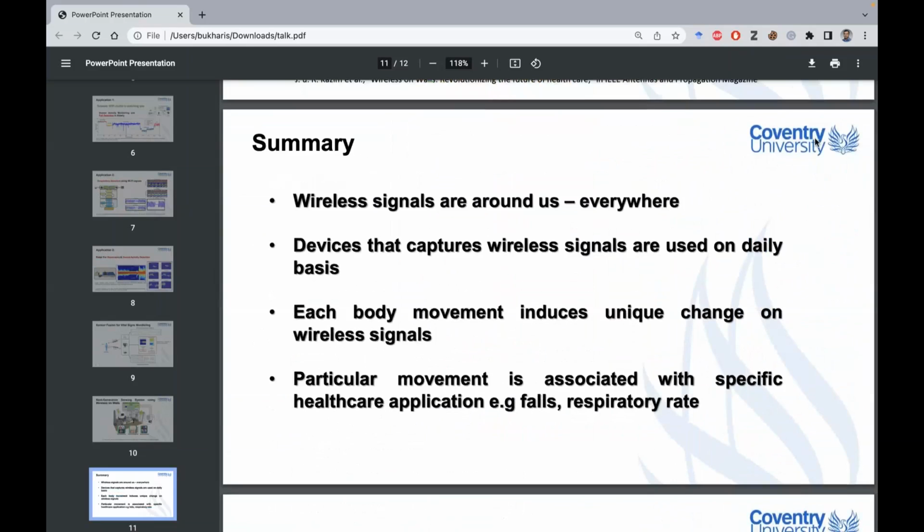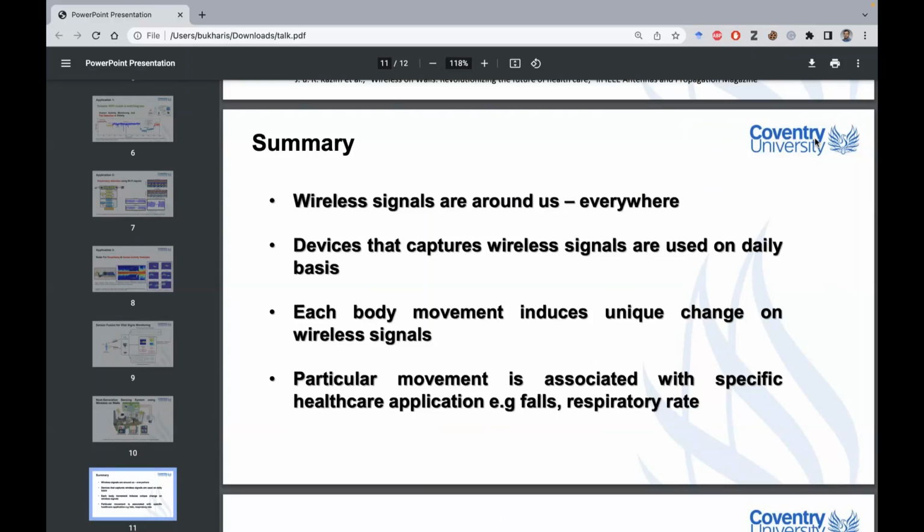So that's the whole summary: we can use the ubiquitous radio frequency or wireless signals that are present everywhere, and we can monitor activities of daily living, or even breathing rate, cardiac activity, and gestures as well. Specifically, the use of this technology has become quite significant in COVID circumstances.